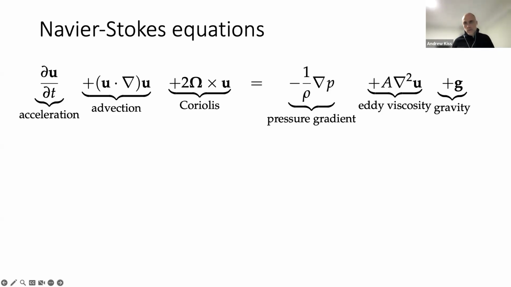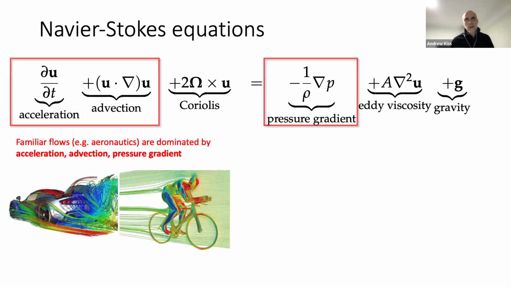Now, we're all very familiar with fluids. Every time you have a cup of tea or have a shower or get on a bike or whatever, you're dealing with fluid dynamics. And the flows that we're familiar with in everyday life are dominated by particular terms in this set of equations. So flow around a car or a cyclist is dominated by the acceleration and advection terms and the pressure gradient.